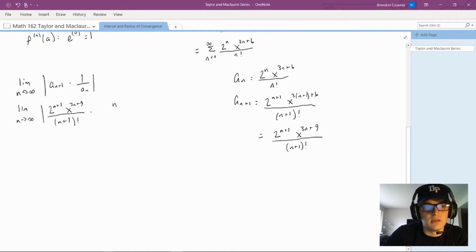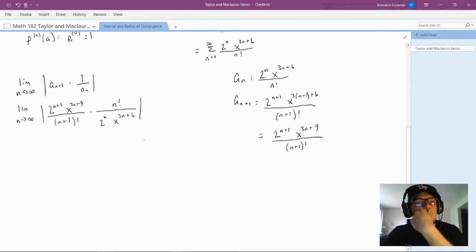So this is going to be n factorial divided by 2 to the n, and then x to the 3n plus 6, absolute value. Okay, and then what we want to do is we just want to see what terms cancel out, and we want to simplify this.